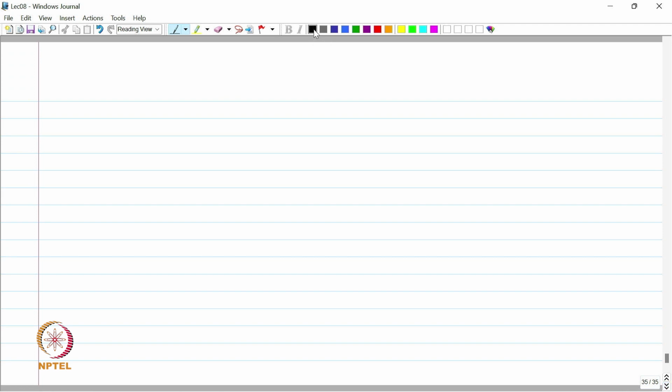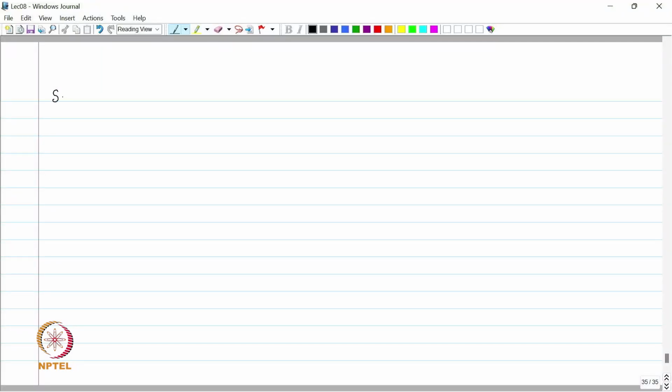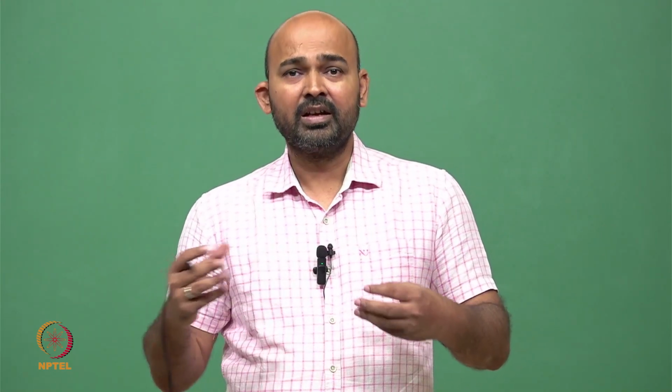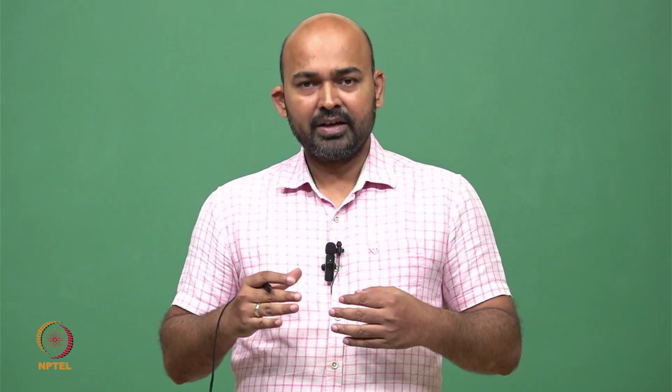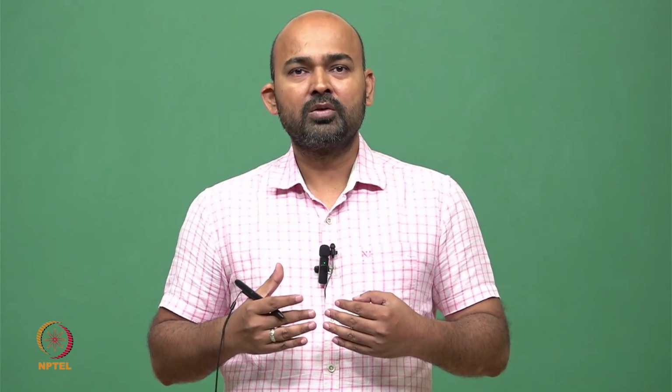So let's discuss something called series resonant circuit. When we have a series resonant circuit, something like an inductor, capacitor and a resistor connected in series, they have a particular resonant frequency and a factor called Q, or the quality factor.